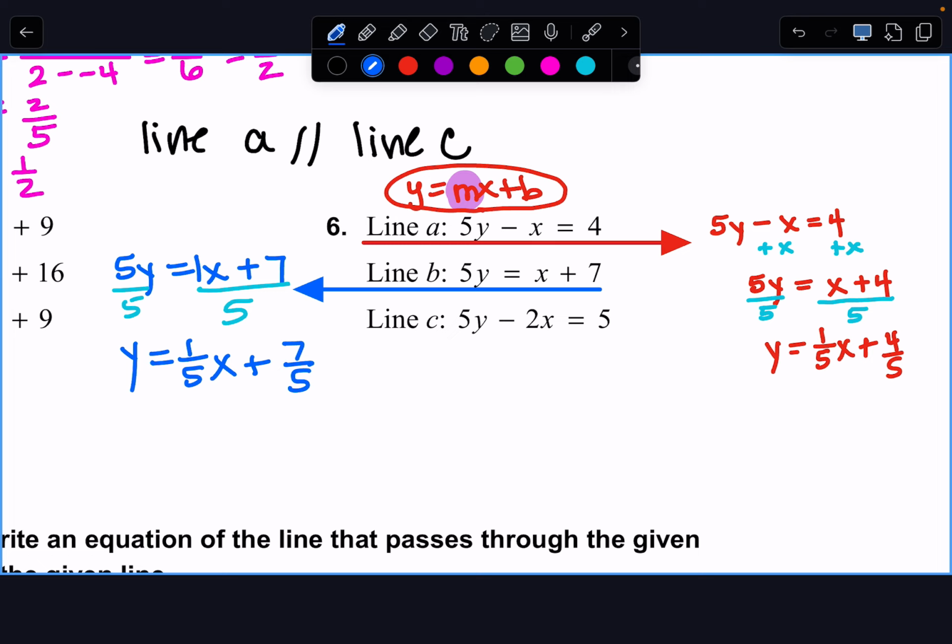Okay, I'm going to give you a moment to put line C into slope-intercept form for me, please.